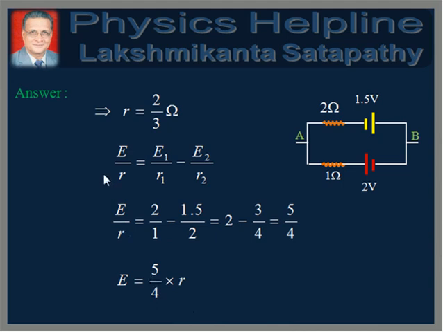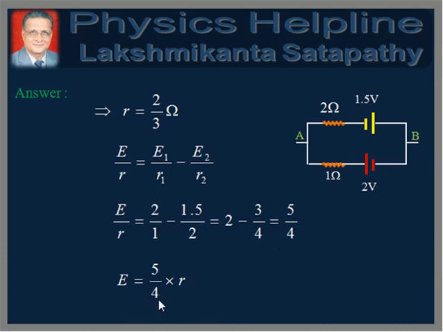Now, for the second equation, E by R is equal to E1 by R1 minus E2 by R2. Now, we put the values: E1 is equal to 2 and R1 is equal to 1 and E2 is equal to 1.5 and R2 is equal to 2 ohms, which on simplification gives 2 minus 3 by 4, which is equal to 5 by 4.